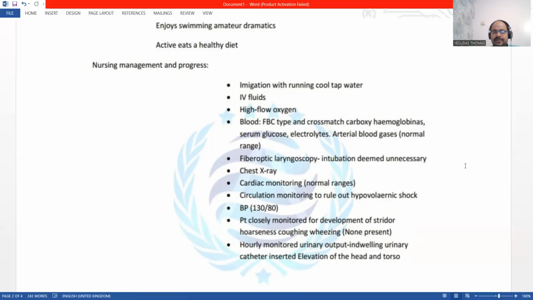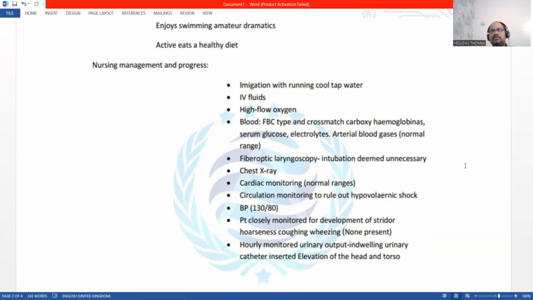Now, related to circulation, we go with IV fluids. Primarily we are going with rehydration therapy, because the patient has salt in his oral cavity and it's difficult for him to take anything via mouth.